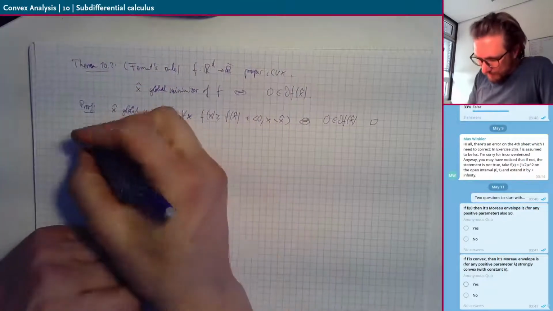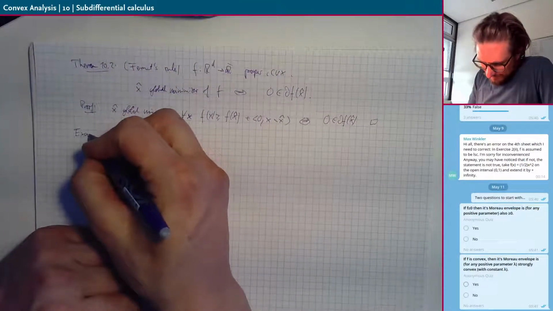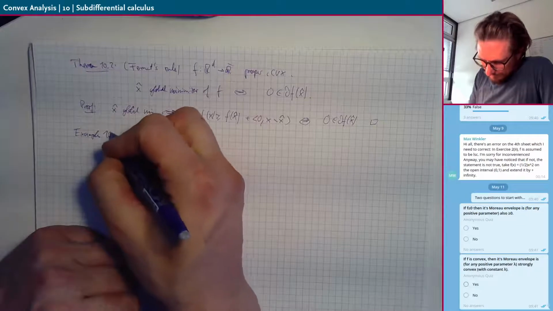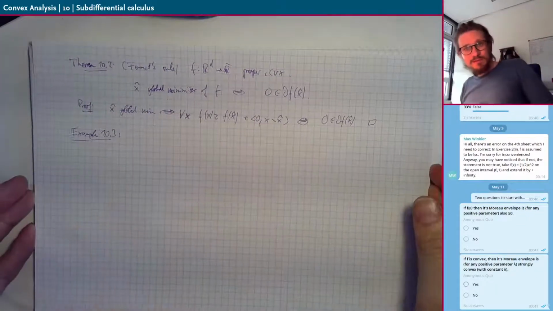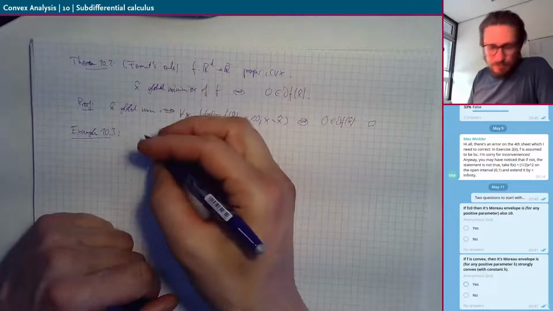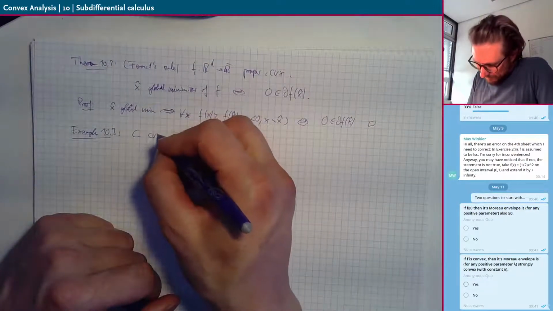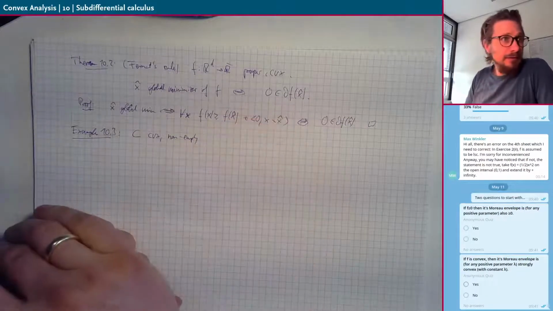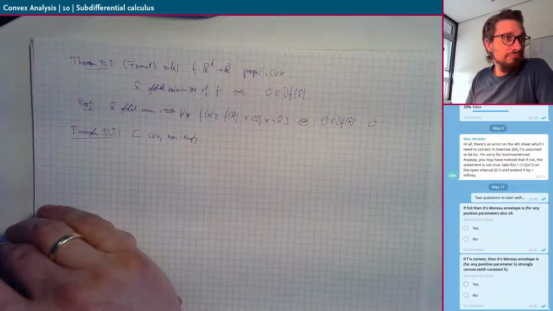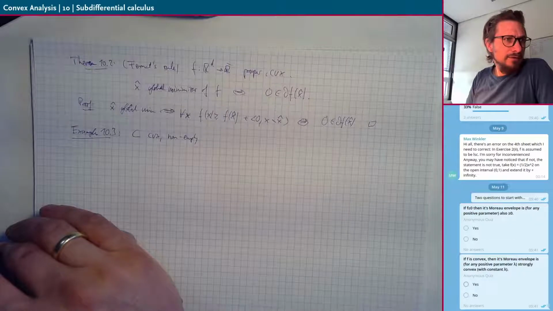Okay, a few more examples of subgradients. And again, a good example is always indicator functions. So C, convex and non-empty. Yeah, let's do it just like this.